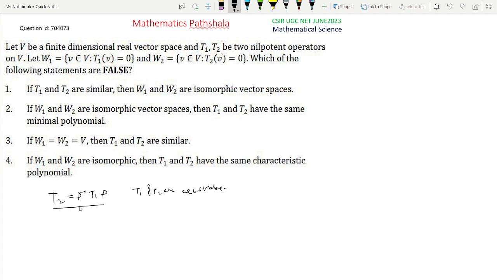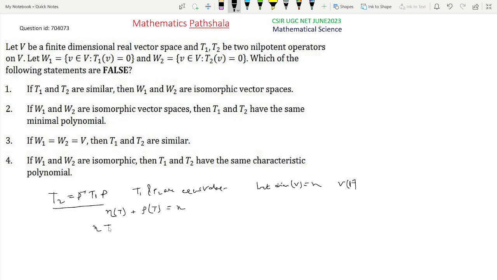And we also have the rank nullity theorem. That means for an operator T, nullity of T, that means dimension of null space of T, plus rank of T, let us denote rank of T by rho T, equals, suppose dimension V equals n, and V is a vector space over the field F. So this will be n, dimension V. For T1 and T2, the rank will be the same and also this n is the same.